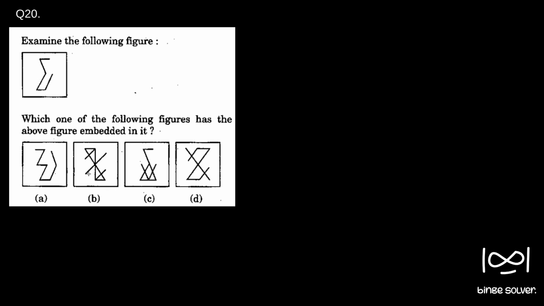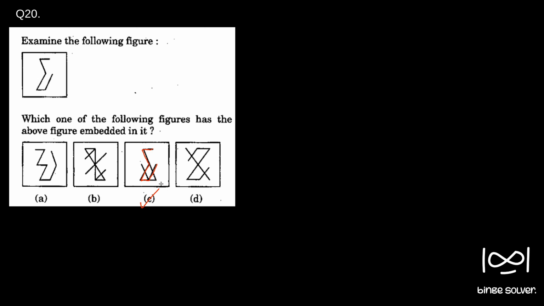Since there is no connection from here, that doesn't fit. So it is this one, this figure fits in this. So the solution is option C. It's a fairly simple question, so we'll move on to the next question.